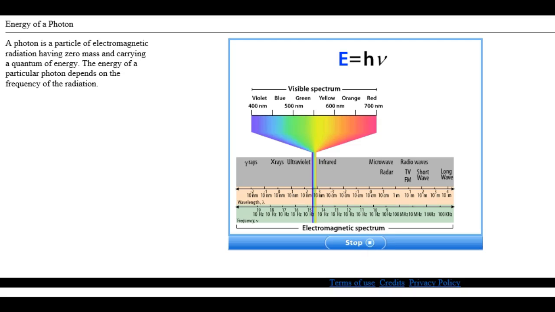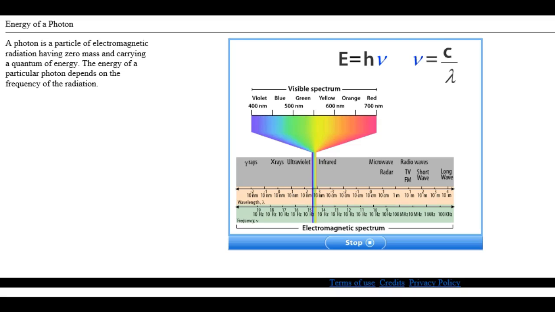The energy of a photon is equal to the product of Planck's constant times the frequency of the photon. 93.7 megahertz is a common radio broadcast frequency. If we substitute 93.7 megahertz into the equation, we get the energy of the photon. This equation can be looked at differently by using the relation.